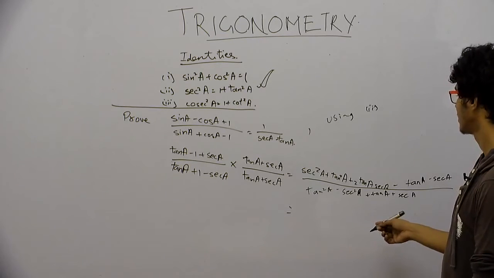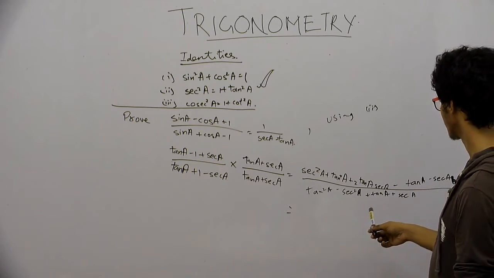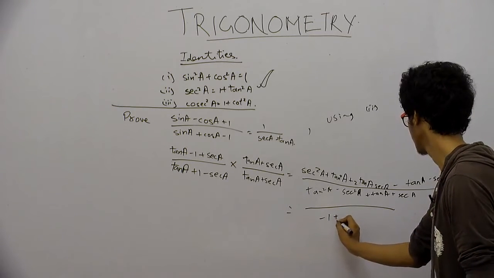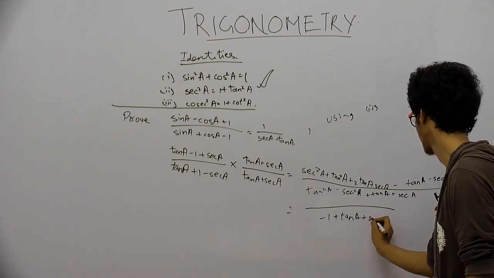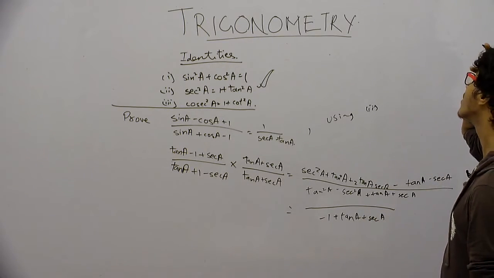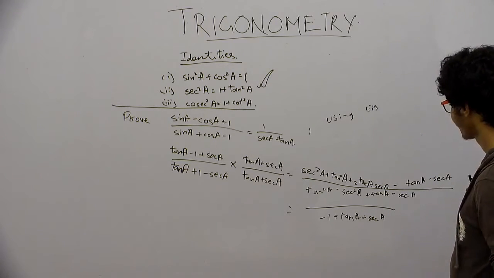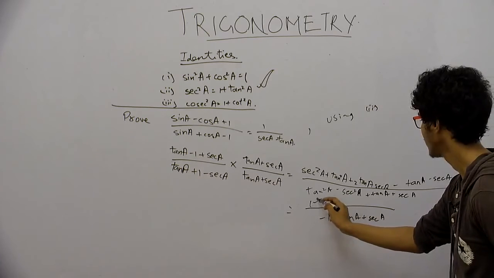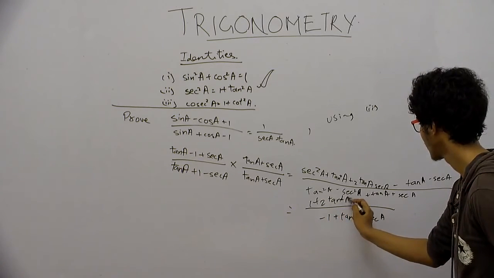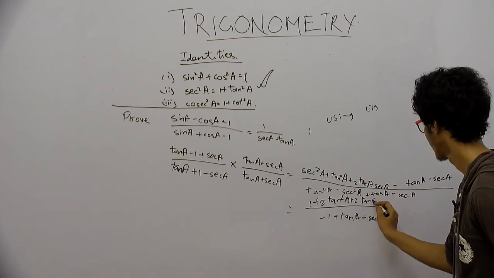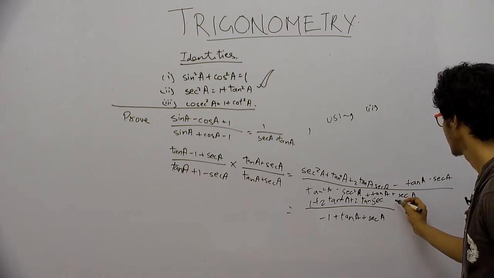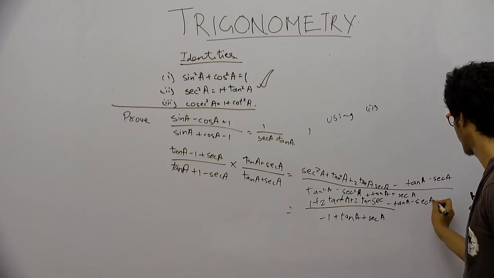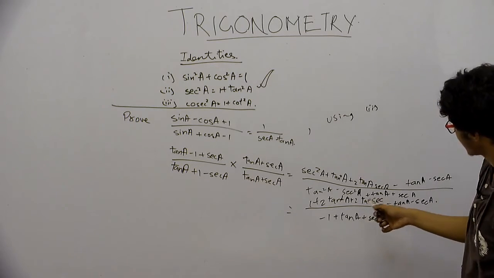Okay, now we know again that tan square minus sec square is minus 1, so we do that, and tan square is sec square A minus 1, so we get minus 1 plus tan A plus sec A, and in the numerator we get 1 plus 2 tan square A plus 2 tan sec minus tan A minus sec A. Okay, now we solve for this.